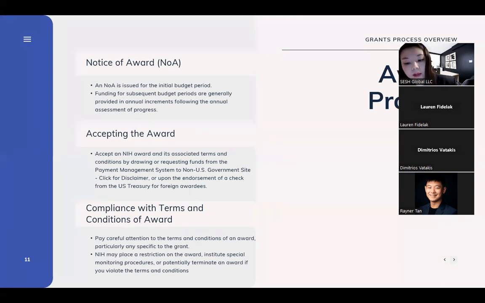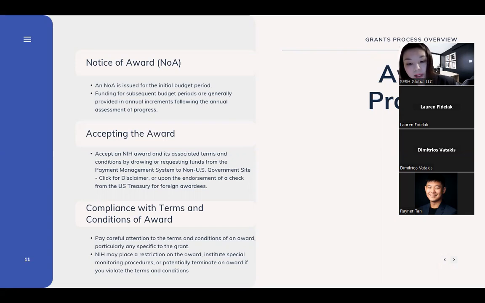Notably, notice of an award is issued for the initial budget period. The notice of award will reference those budgetary commitments if subsequent budget periods are also approved. So funding for subsequent budget periods is generally provided in annual increments following the annual assessment of progress.